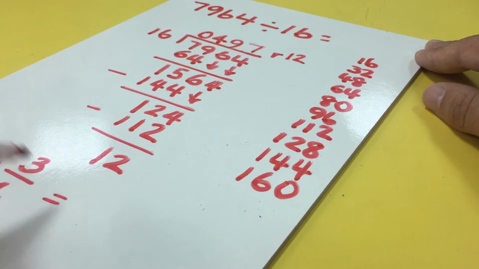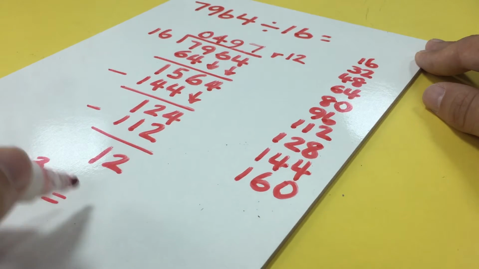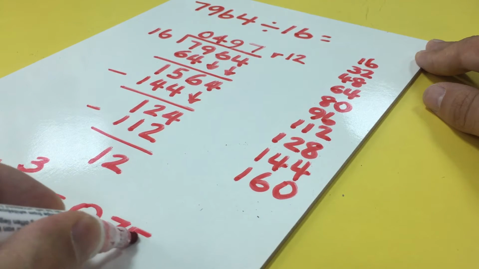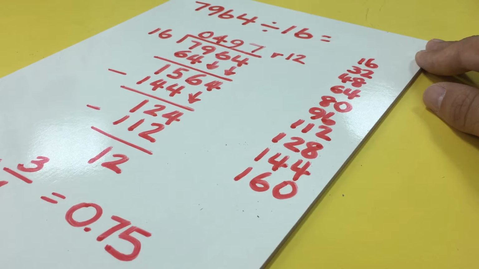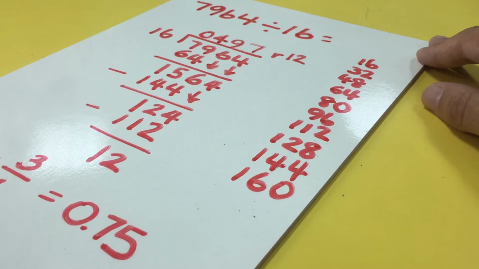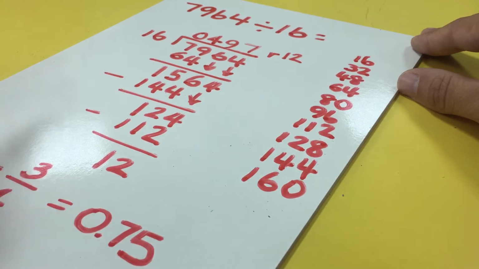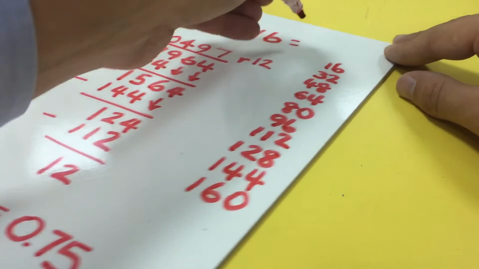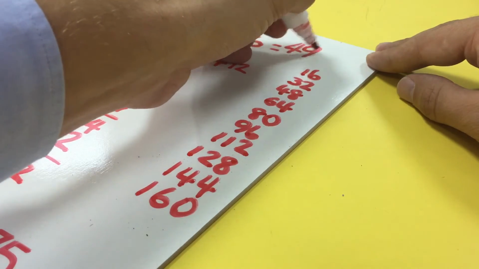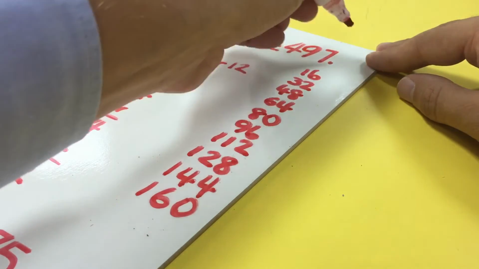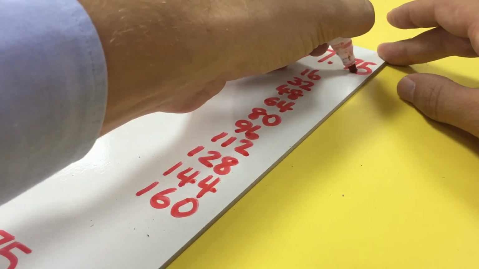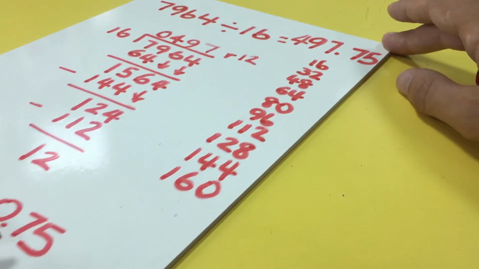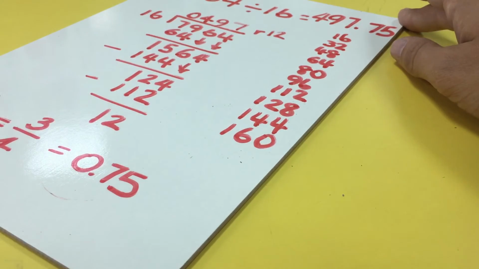You could also take this one step further and convert this fraction into a decimal. And we should know that 3/4 is the same as 0.75. So actually, if we were to look at a calculator, we would end up with the answer to 7,964 divided by 16 being 497.75, because we're adding up what we had on the top with any remainders, and there are our remainders here.